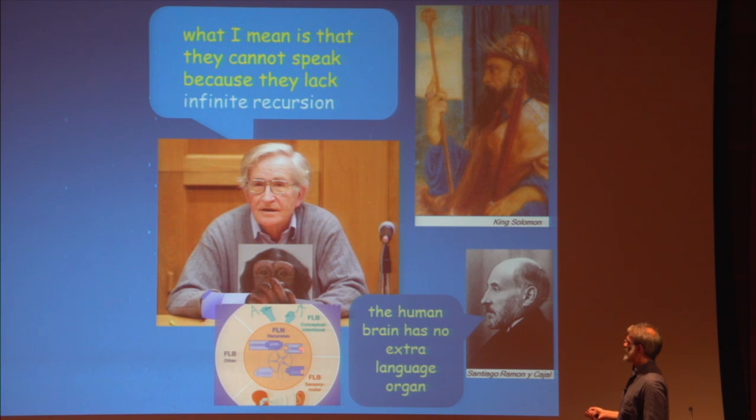Infinite recursion is an algorithm by which elements from possibly a finite set, here the elements are words, but they could be at a subword level phonemes, or at a superordinate level they could be phrases or sentences, are joined one to the other like in a puzzle.